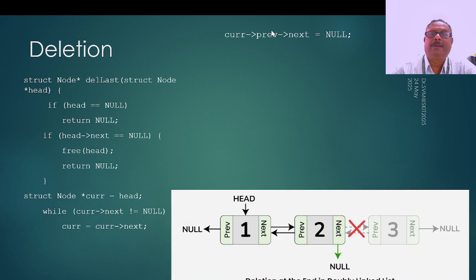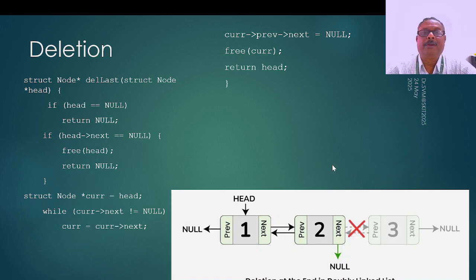Once we reach the end, current's previous next, that is, current's previous is this node, its next is made null. So this is done. Now we are free to release the memory allocated for this.